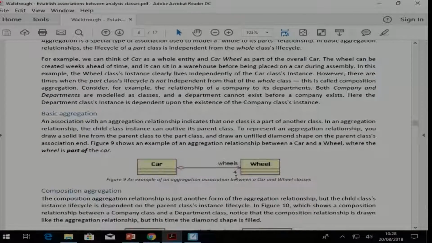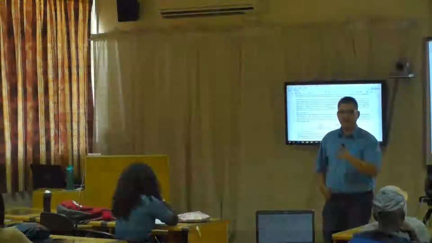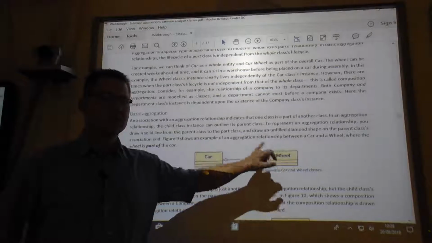Role names or association names? The association name is the easy one because it's just written on the line. It just tells you that this class is associated to that one in that specific way. But roles tell us the part, or what this one is actually playing towards the other one.